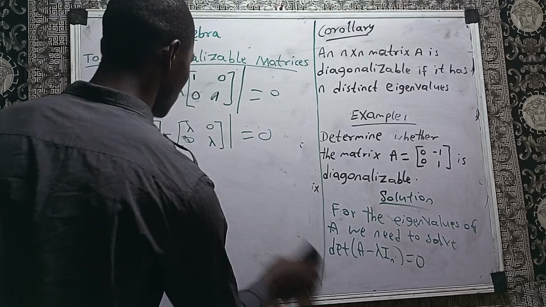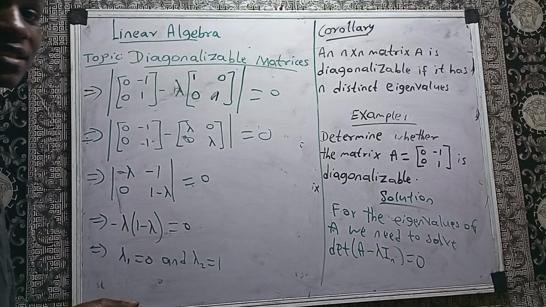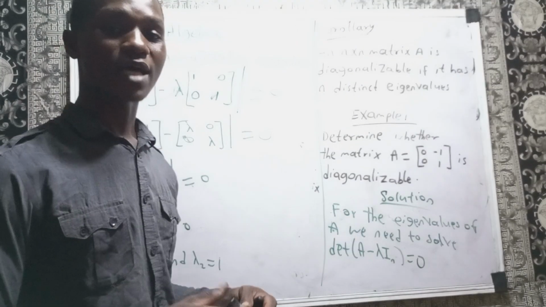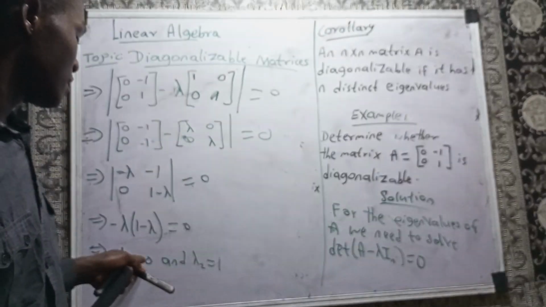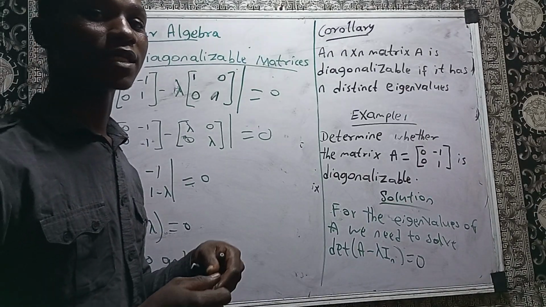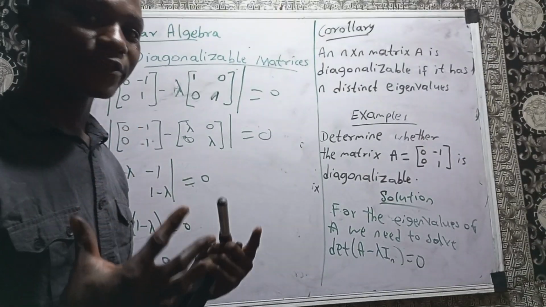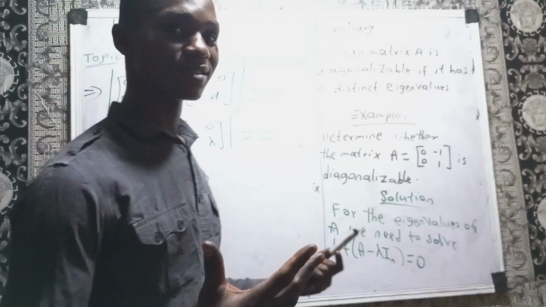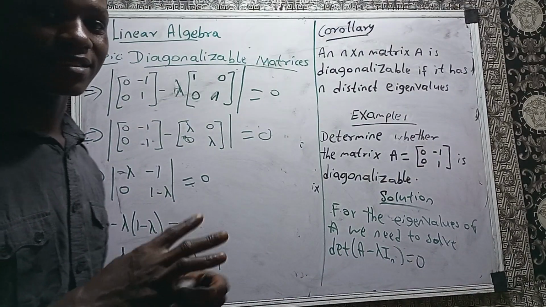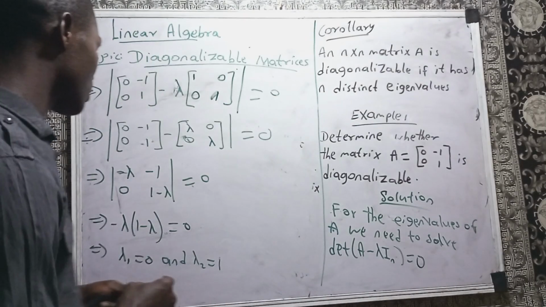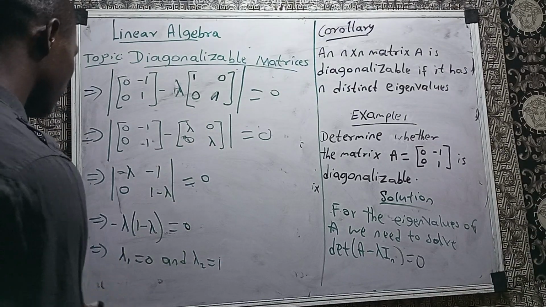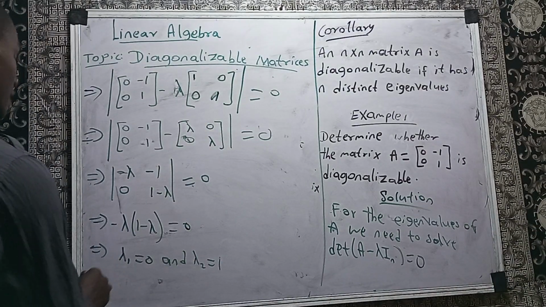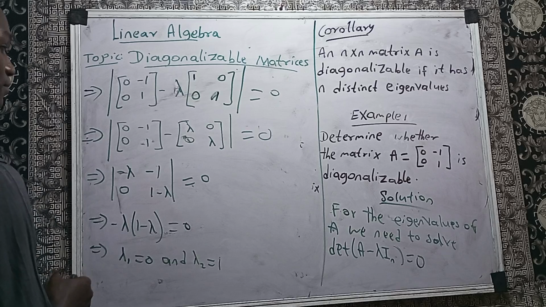So the eigenvalues we got are 0 and 1. Are the eigenvalues distinct? Of course, the eigenvalues are distinct. 0 is different from 1, right? So from the corollary, it implies that A is diagonalizable, right?